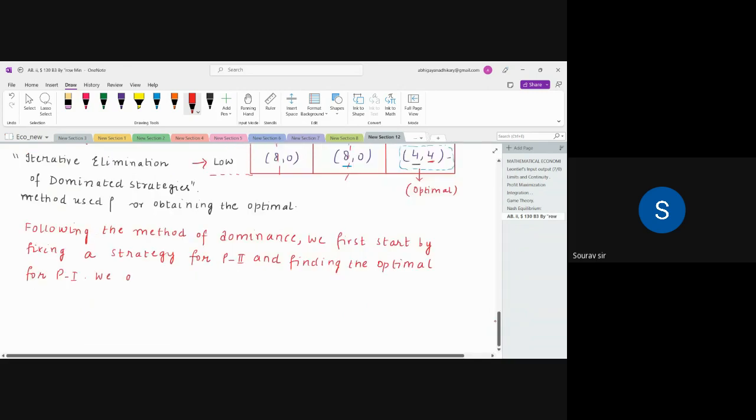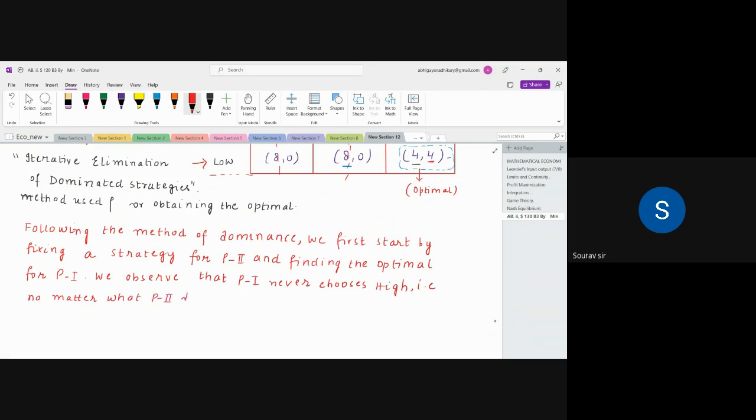We observe that player 1 never chooses high. That is, no matter what player 2 does, player 1 will never play high.